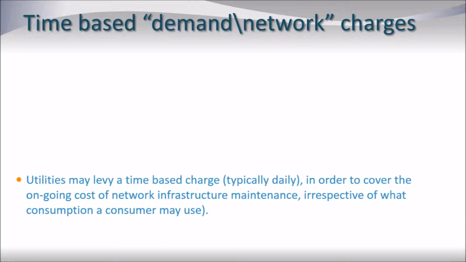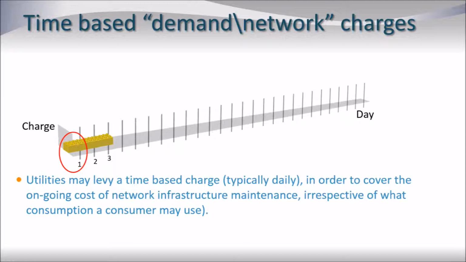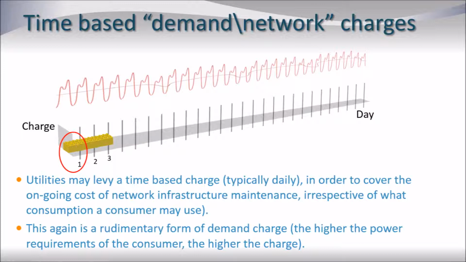Utilities can levy a time-based charge, typically daily, in order to cover the ongoing cost of network infrastructure maintenance or provisioning, irrespective of what consumption a consumer may use. This is effectively for the privilege of having electricity or water at all. This again is a rudimentary form of demand charge. The higher the power requirements of the consumer, the higher the charge.